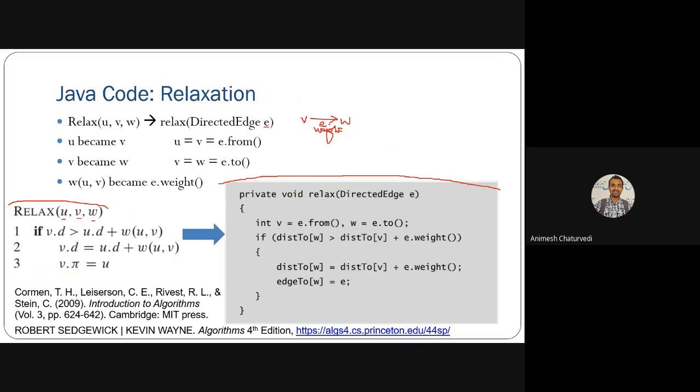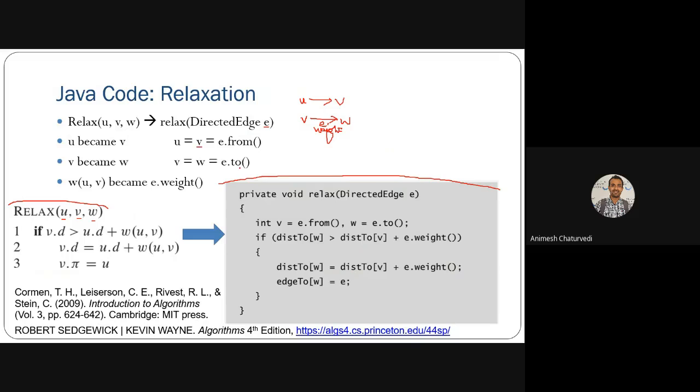Then this is edge E. Next, you just want to do what? This u will become v. Means in Cormen, u drives v was there. Instead of this, we are using v drives w in the case of Princeton's algorithm. And what would the E dot from function, the Java function, return? v.